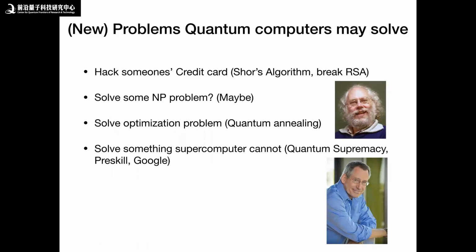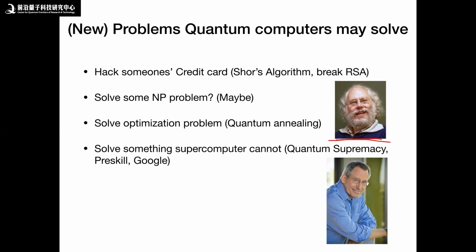What are we going to design these programs for? We have very powerful silicon-based computers. They can solve a hell of a lot of problems. And the new problems that quantum computers are going to solve start with Shor's algorithm. So this guy is Shor.